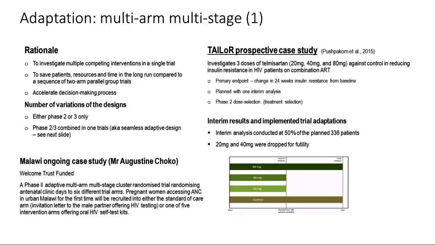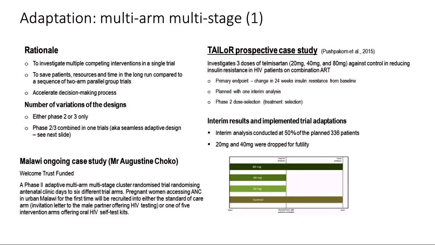Normally in phase 2, it's difficult to come up with a dose and say 30 milligrams is the good dose, because as you increase the dose, you expect effectiveness to increase, but you also expect the risk of adverse events to increase. So you're in the middle of trying to optimize effectiveness and safety. The lower the dose, of course, the safer, but it's not good enough.